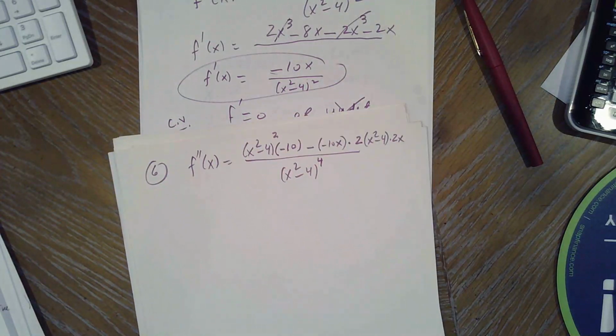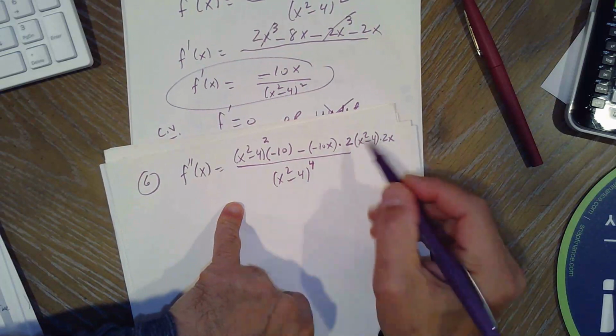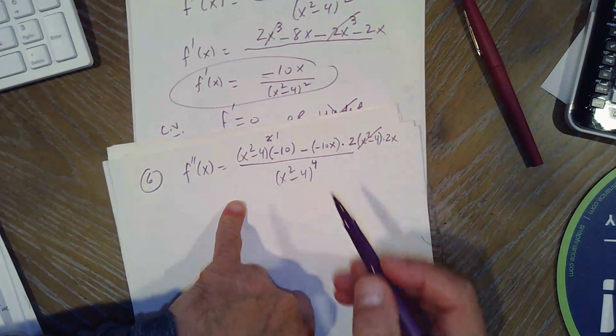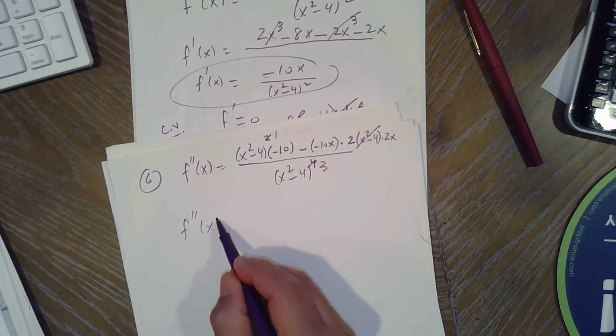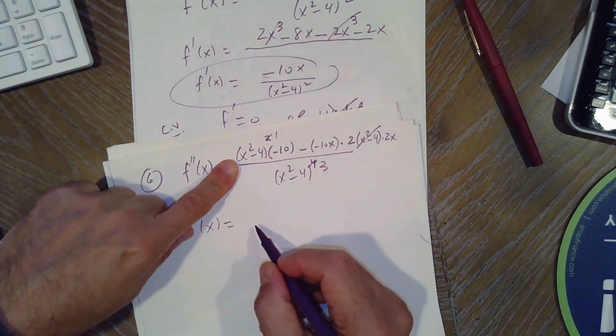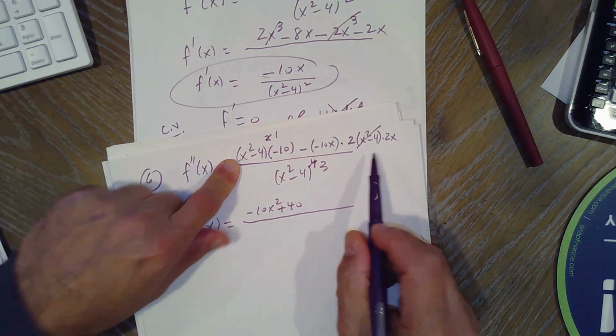So look, I can make things easier. I can divide x squared minus 4 from every term. This would be 1, and this would be 3. So the second derivative would be negative 10 times x squared minus 4, which is negative 10x squared plus 40. And that's gone.